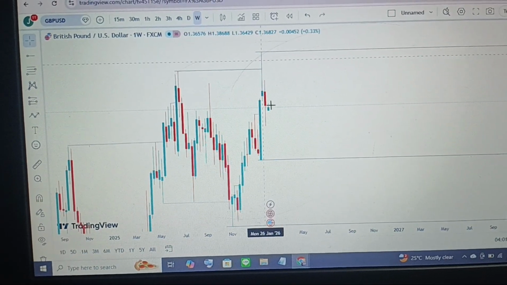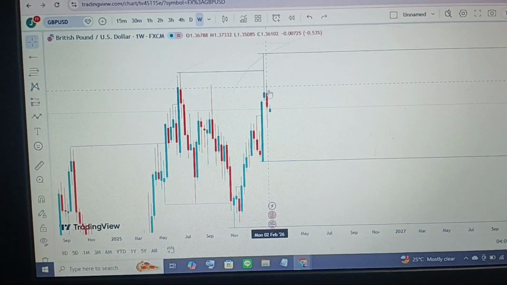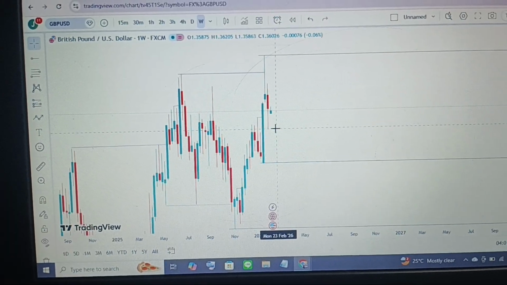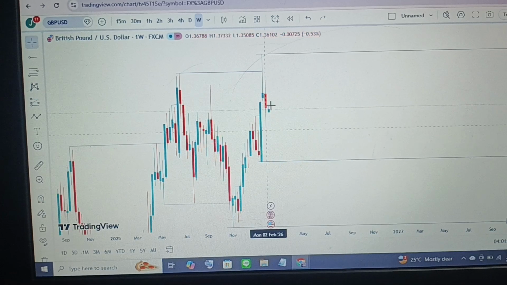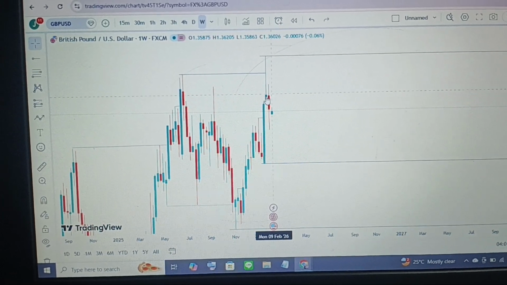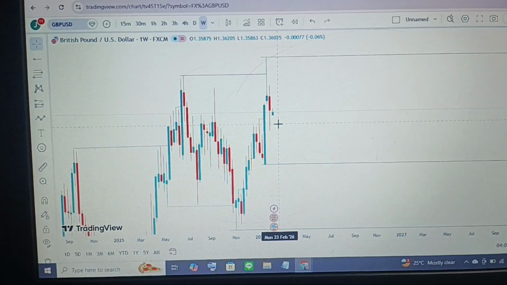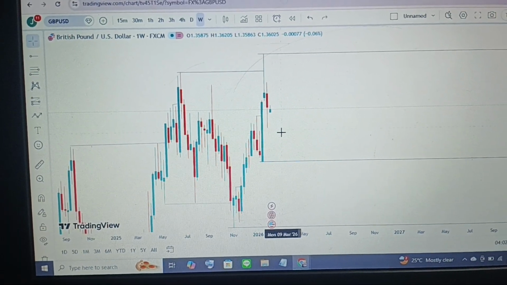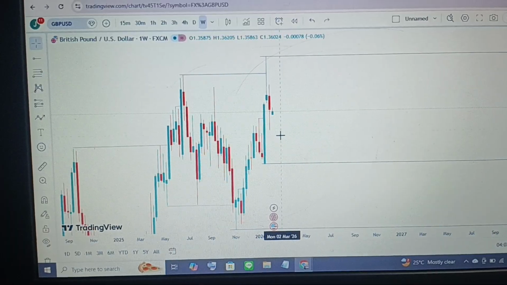Whatever structure we're looking at, from whatever time frame, we expect the market to push down. If the market is changing to the upside, we're looking for opportunity to buy, right? Once we had a break of structure, the next thing we expect is the market to retrace to a major key level of demand before we can look for opportunity to take a trade.